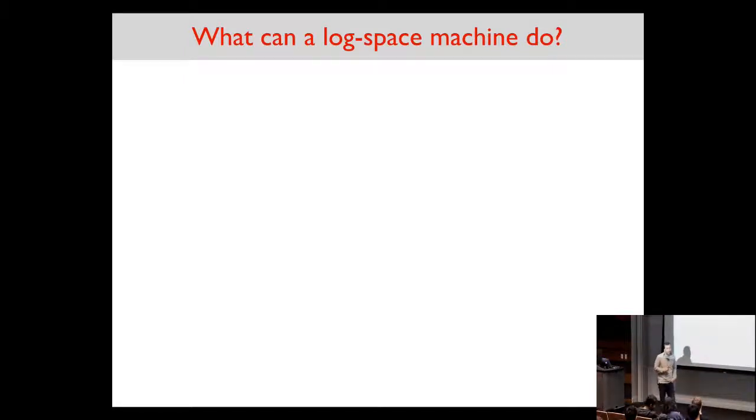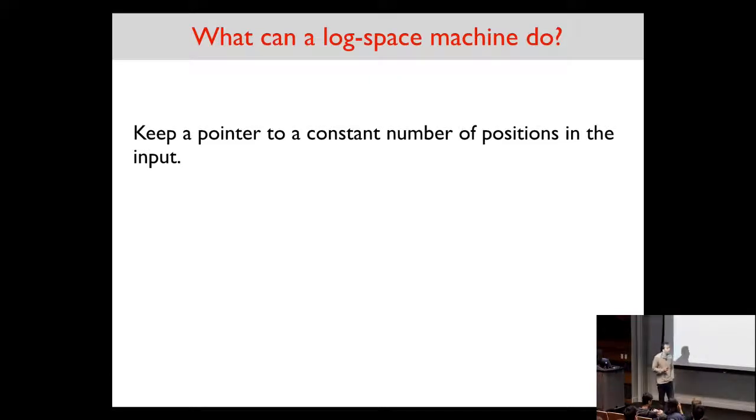Okay, so you can ask, what can a log space machine do? A machine that is bounded by order log n space. Well, here are a few things that it can do. It can keep a pointer to a constant number of positions in the input. Just like in the previous algorithm that we saw, we had two pointers to the input. And a pointer to the input is just going to be log n bits long, because the input is going to be n bits.